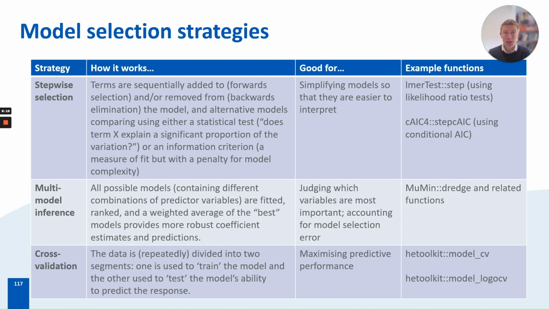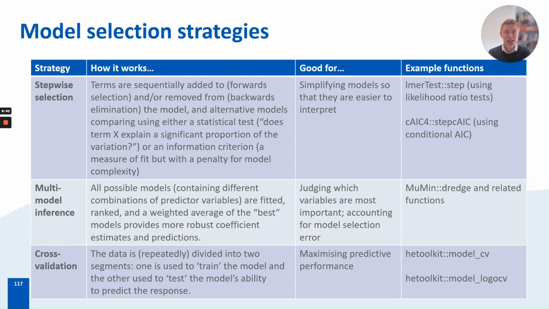There are various different packages and functions available for implementing a stepwise selection process. The lmerTest package includes a function called step, which implements both forwards and backwards selection using likelihood ratio tests to judge whether at each step in the process we have arrived at a better model.